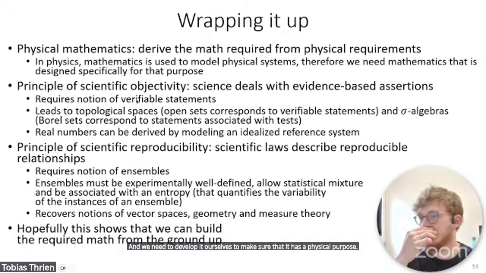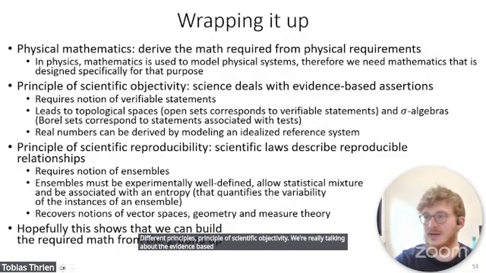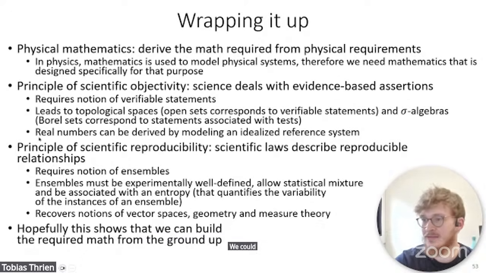Then we used different principles. Principle of scientific objectivity. We really talked about evidence-based assertions. We had this notion of verifiable statements. It led us to topological spaces and sigma algebras. We could concretely recover the real numbers by giving specific examples of what kind of statements we're talking about.